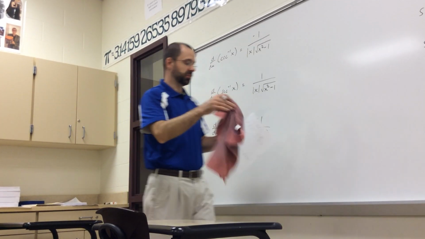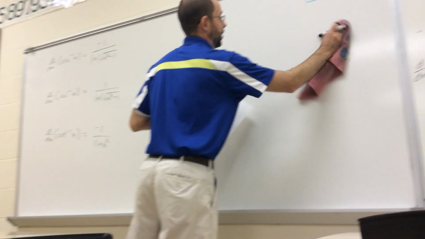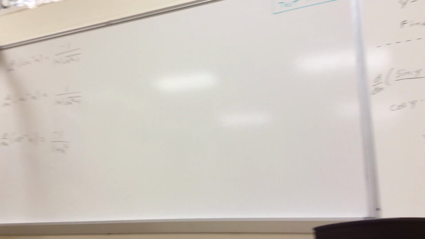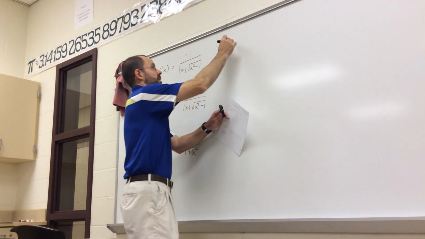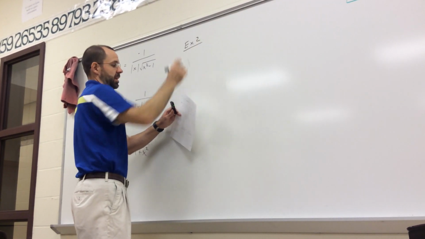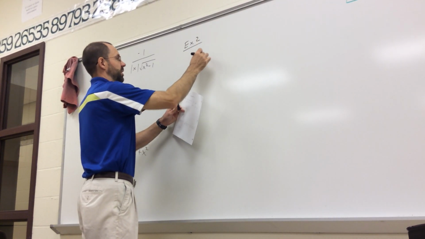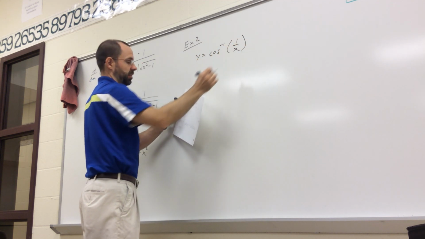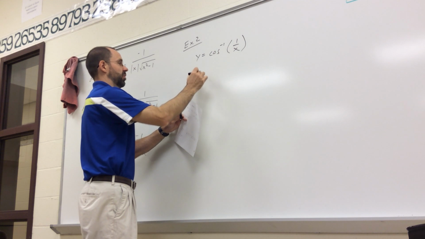Okay, so now we're going to use these inverse trig derivatives in a couple of problems. So here's example 2. We have y equals the inverse cosine of 1 over x. We're going to try to find y prime.